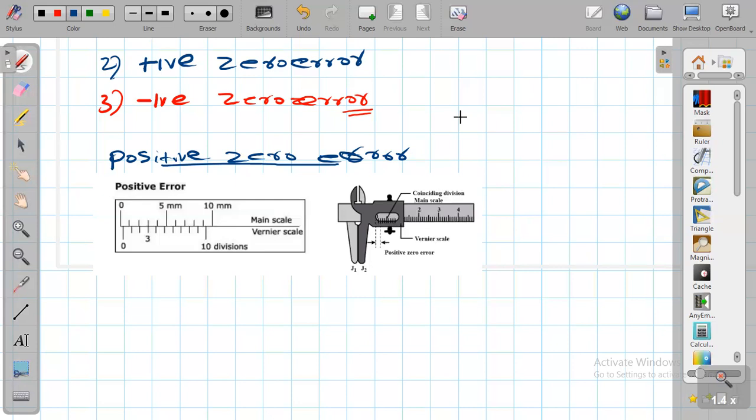This condition is known as positive zero error.